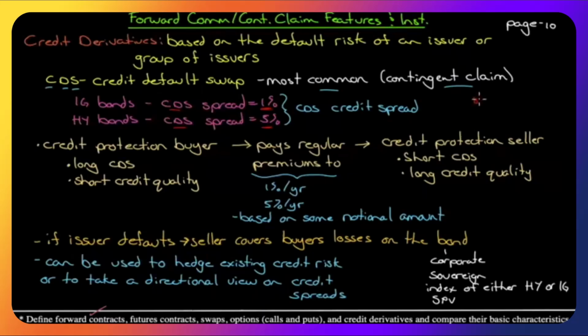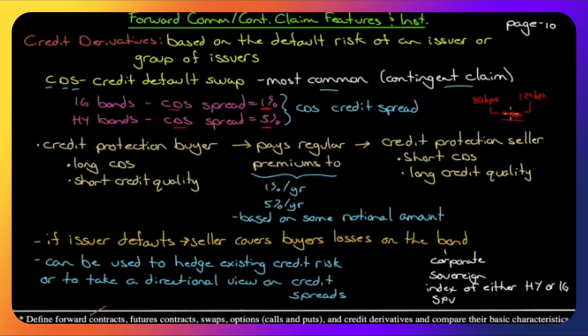Well, what if the spread is only 80 basis points? And what if the spread is 120 basis points? Well, the difference between that and 100 basis points becomes what's called the upfront payment. And either the buyer of the CDS must give an upfront payment to the seller, or the seller must give an upfront payment to the buyer.